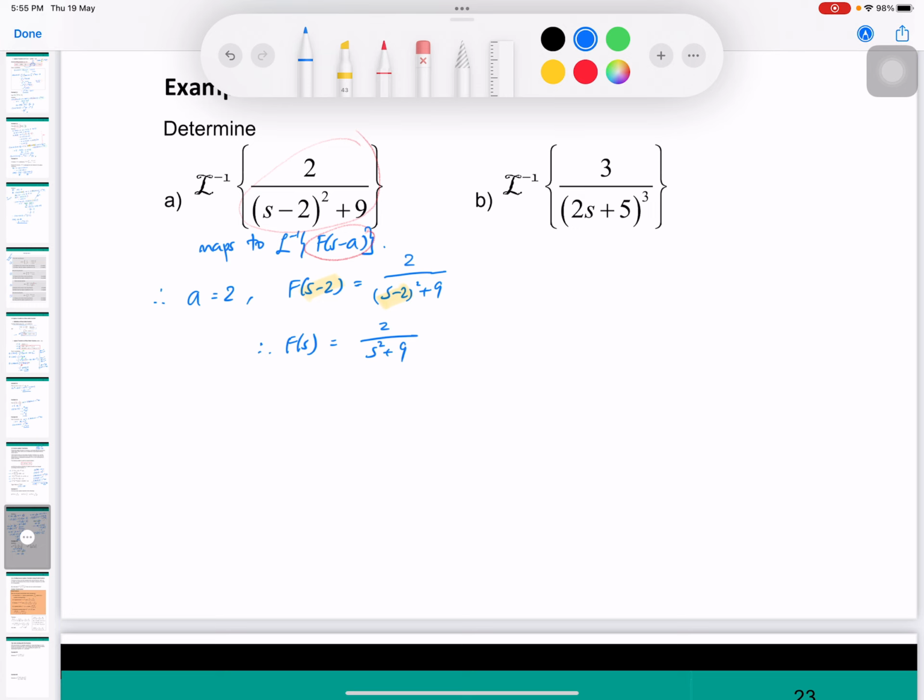You can write this one also: inverse Laplace of f of s minus a equals to e to the at f of t. That will be easier for you actually. So with that, we can write inverse Laplace of 2 over s minus 2 squared plus 9 equals to e to the at.